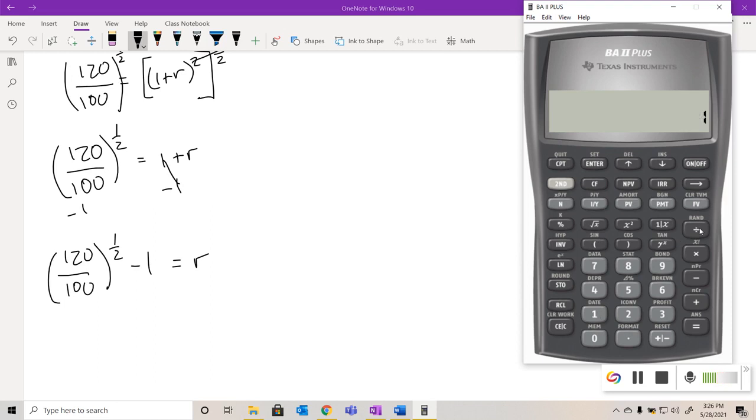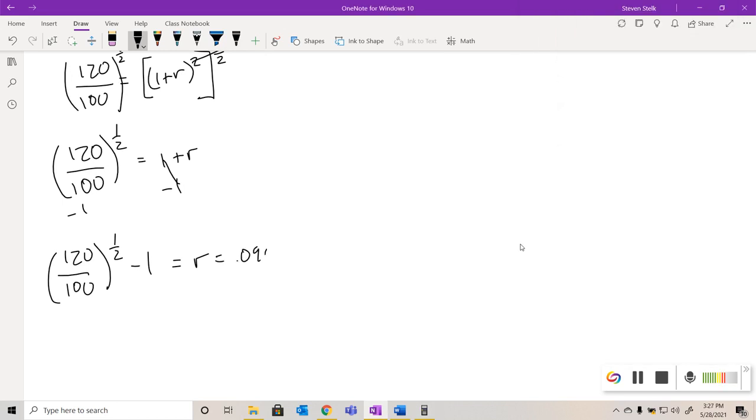And then I'm going to open parentheses and say 1 divided by 2, close parentheses. So that's now my exponent of 0.5, which is 1/2. And then I can press equals, and it'll raise that 1.2 to the 1/2. That's equal to 1.0954. And I subtract 1, press equals, and so I get r is equal to 0.0954, or 9.54%.